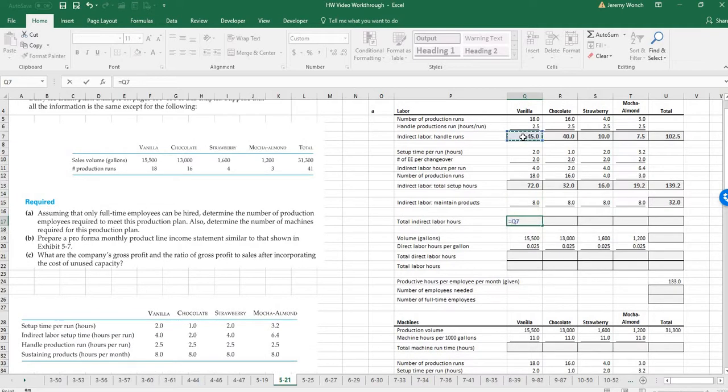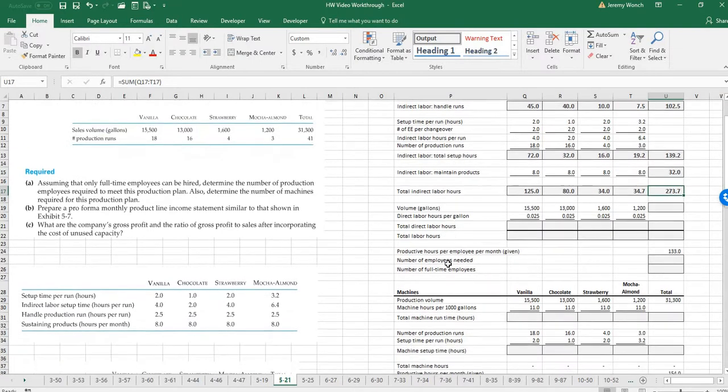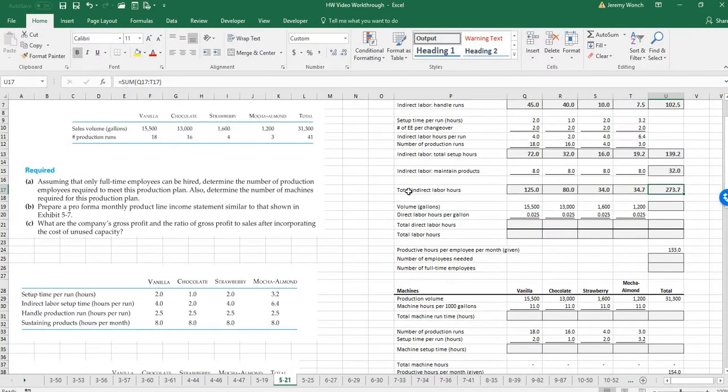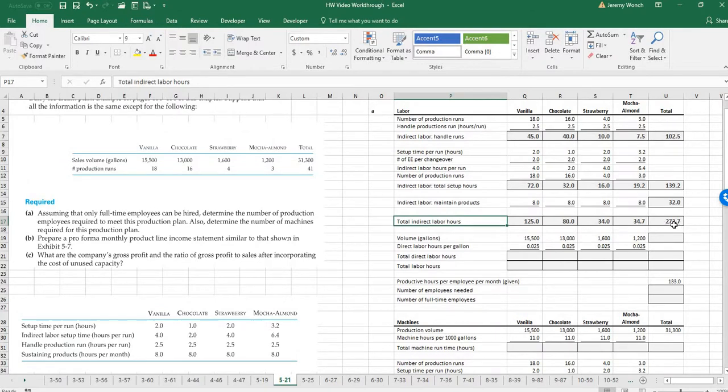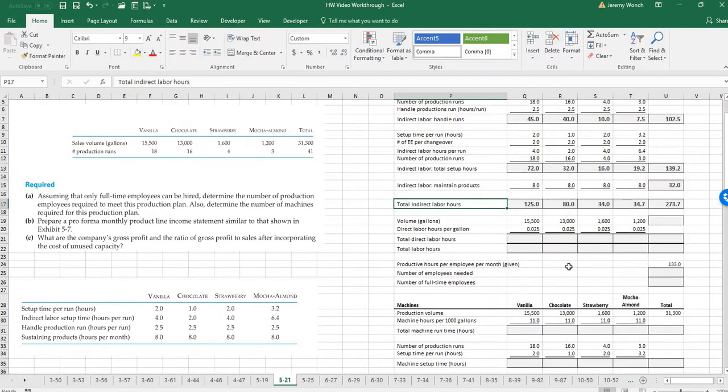So we have our 45 plus our 72 plus our 8. Alright, so that is the total indirect labor hours, 273.7 total, divided across each of our products.